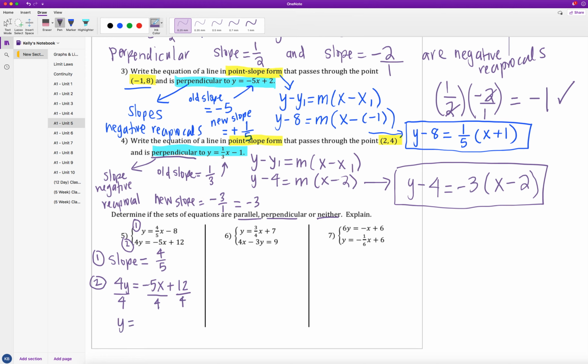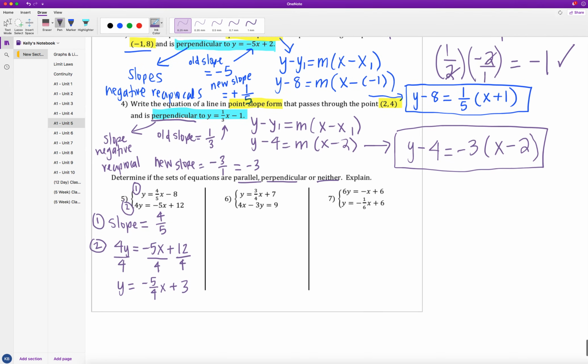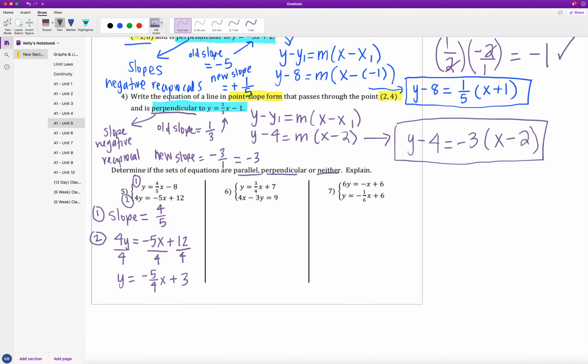Simplifying this down, we get y equals -5/4 times x plus 12 divided by 4 will give us 3. Now that our second equation is in slope-intercept form, we can identify the slope, and our slope for the second line is going to be equal to -5/4.